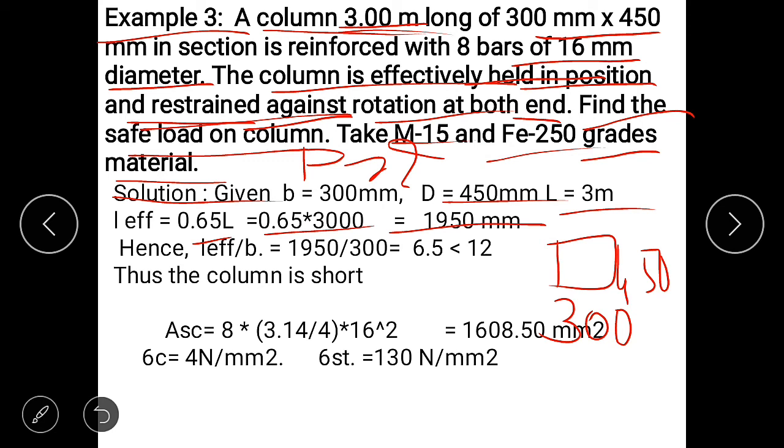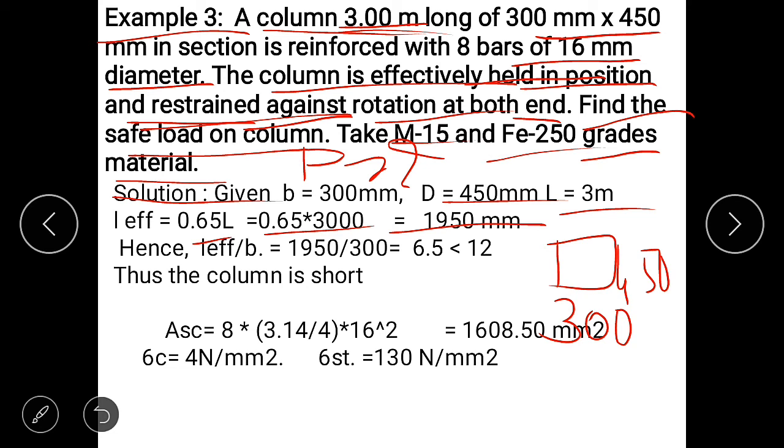So we have to check whether the column is a short column or a long column. If L effective divided by least dimension is greater than 12, the column is called a long column. If this ratio is smaller than 12, the column is called a short column.